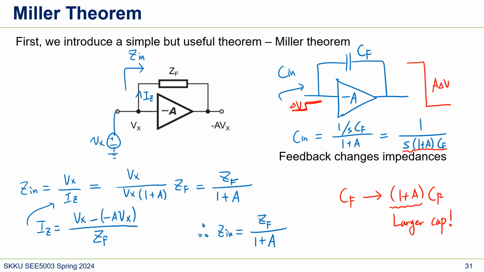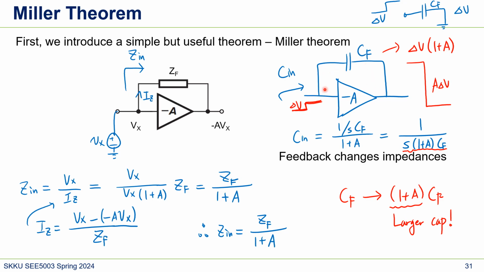What I'm saying is, if the cap is grounded and there is delta V, then the overall voltage change over the capacitor is just delta V. But if you have this at the output, now this capacitor experiences a much larger delta V, sorry, delta V times 1 plus A. Since the voltage changes more, the current flows more.